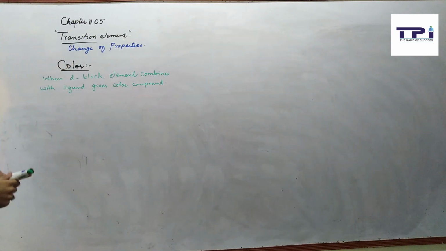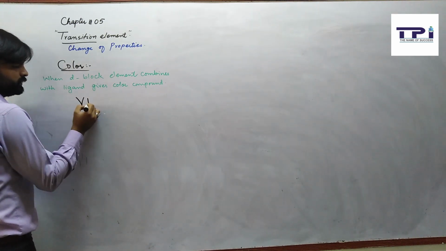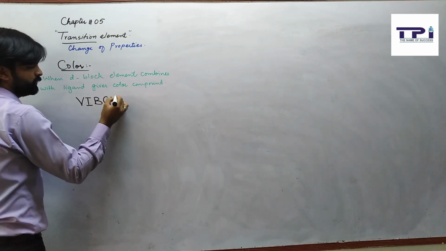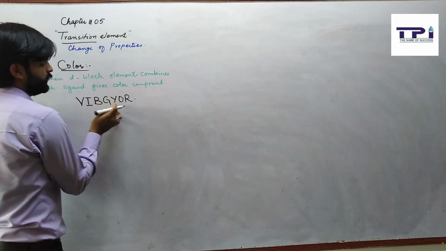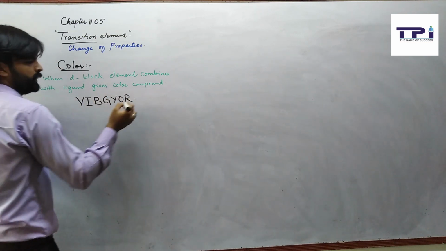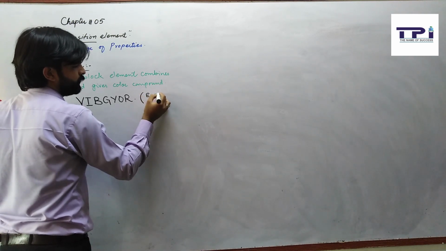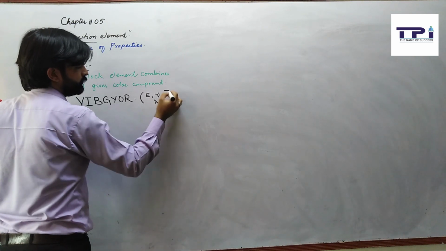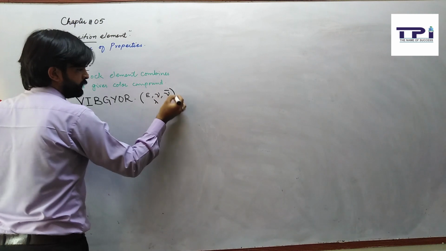For color's sake, you have to remember that Vibgyor factor. What is Vibgyor? Violet, indigo, blue, green, yellow, orange, red, which depends upon energy, frequency, wave number and wavelength. Right?